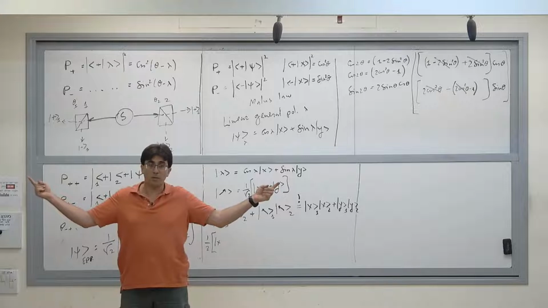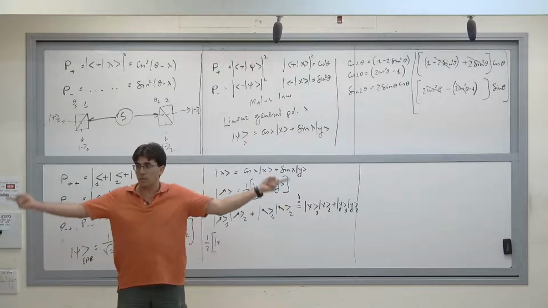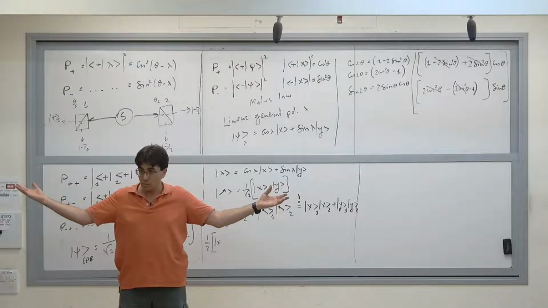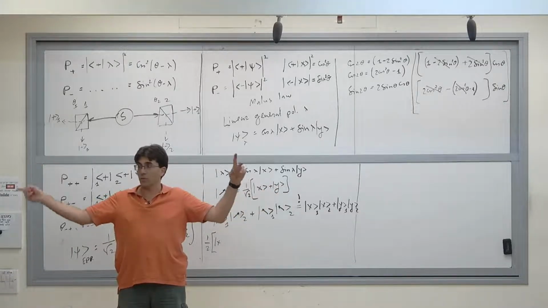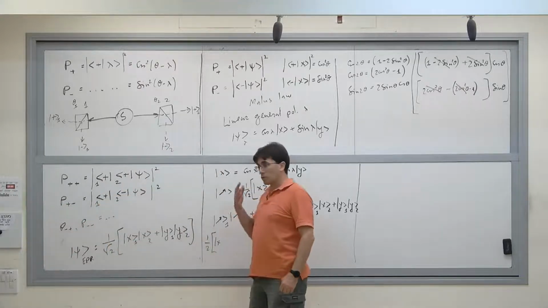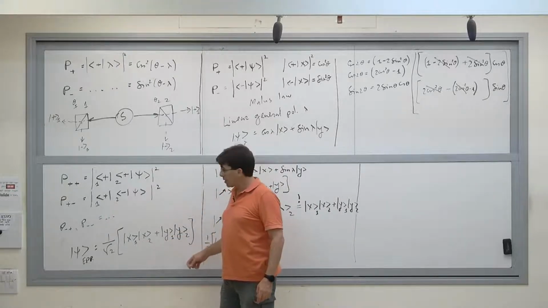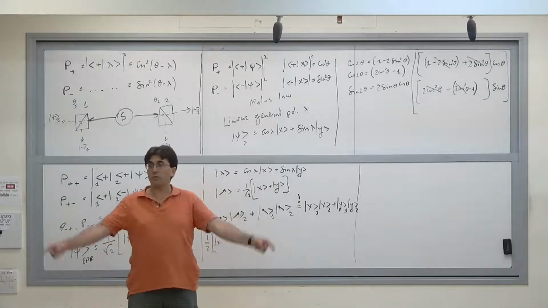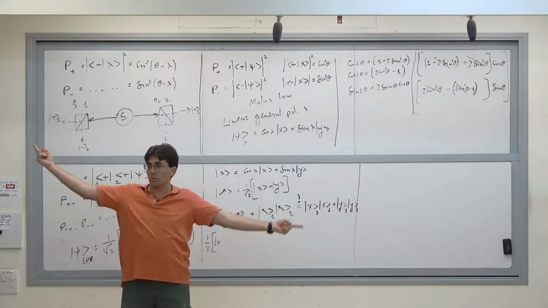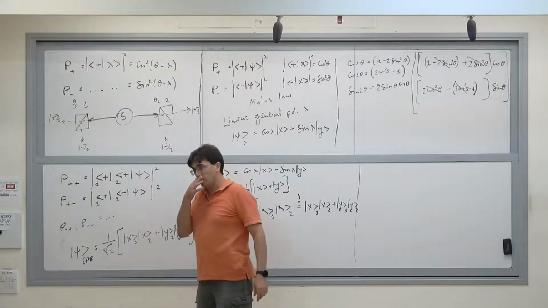There are 4 options: both up, both down, one up and one down, and the other way around. The total state of the 2 electrons could be any superposition of those 4 possibilities. So now I'm taking a superposition of 2 out of those 4 possibilities. I'm telling you this is a superposition of both of them being up or both of them being down. You never have the mixed ones; they don't exist. But it's a complete superposition of both up and both down.